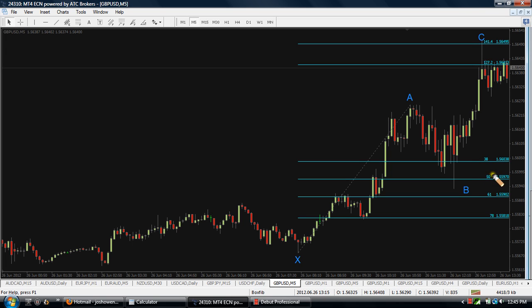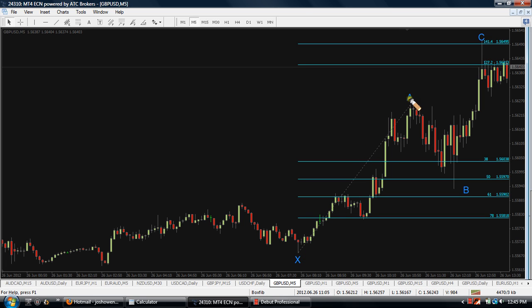So the 38 is the first one, the 50 is the second one, 61 is the third one, and so forth. So you want the lowest number first as you're coming back into the retrace, forming the A to B leg. So then once again, the X to A is the impulse. I pull the fib from X to A.